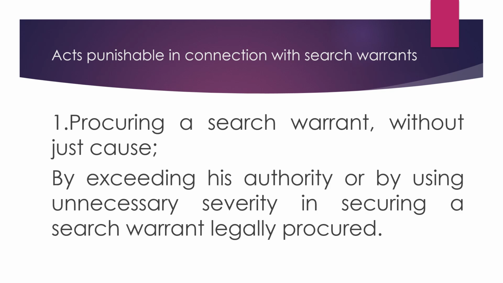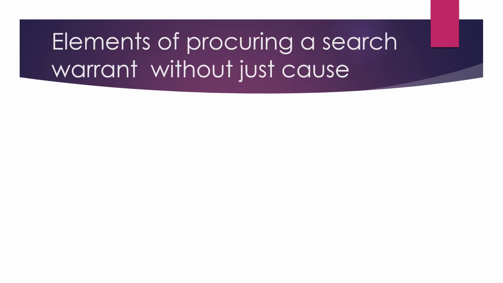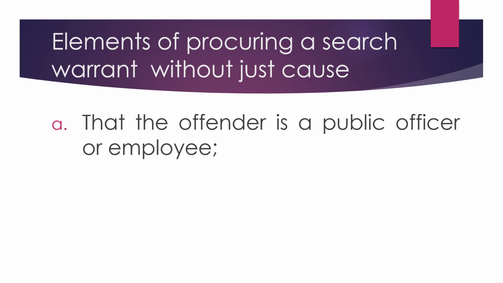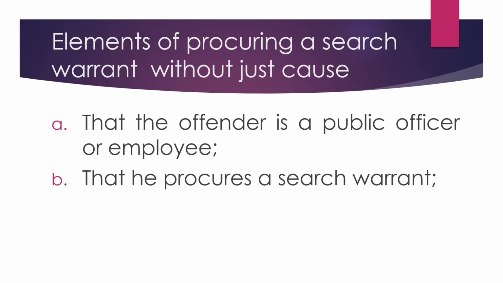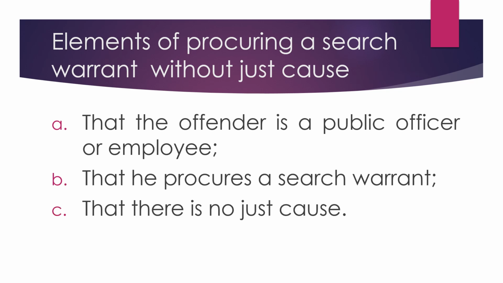Number two, exceeding his authority or using unnecessary severity in the execution of a search warrant legally procured. Now, what are the elements of procuring a search warrant without just cause? Number one, that the offender is a public officer or employee; two, that he procures a search warrant; and three, that there is no just cause.